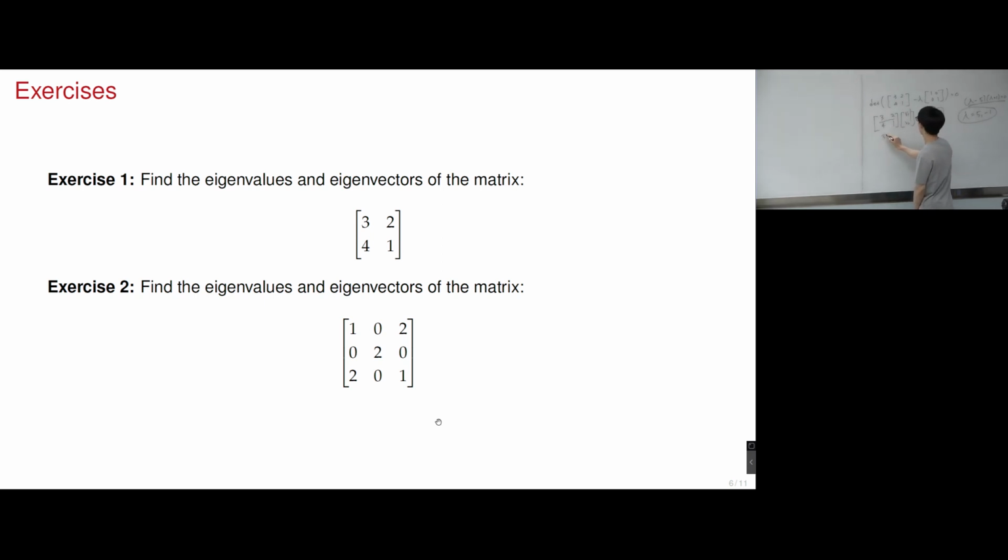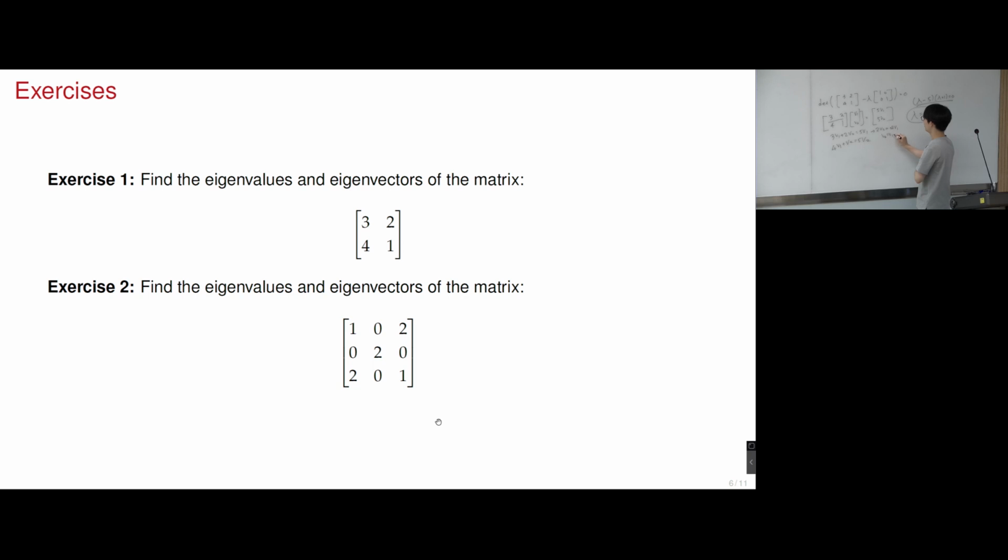So it's 3v1 plus 2v2 is 5v1, and 4v1 plus v2 is 5v2, and you get, let's see, what do you get? 2v2 is 2v1, so v2 is v1.